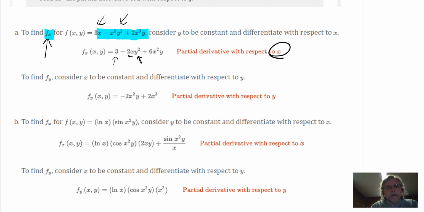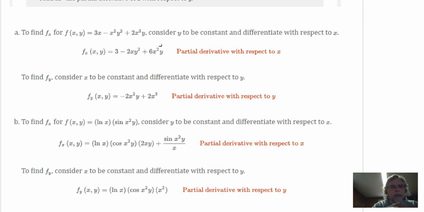Plus, the third term is 2x to the third y. Now we're differentiating that with respect to x. So y is a constant, so it comes down like it's a number. We take the derivative of 2x to the third, which is 6x squared. So that's where that comes from.